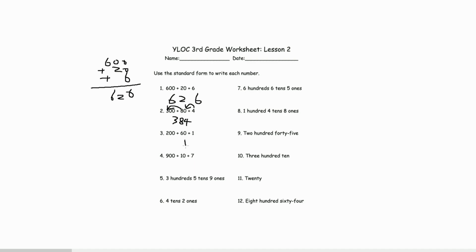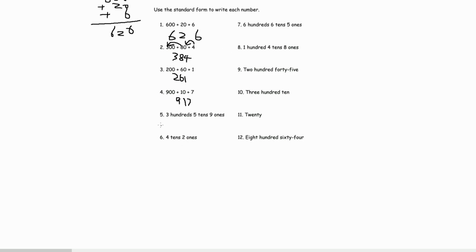We have 1 in the ones, 6 in the tens, 2 in the hundreds. Once again, we have 7 in the ones, 1 in the tens, and 9 in the hundreds. Okay, so we're gonna go from left to right this time. We have 300s.